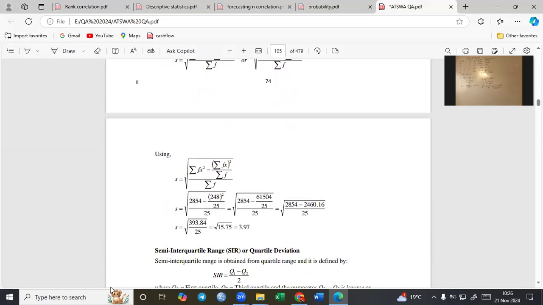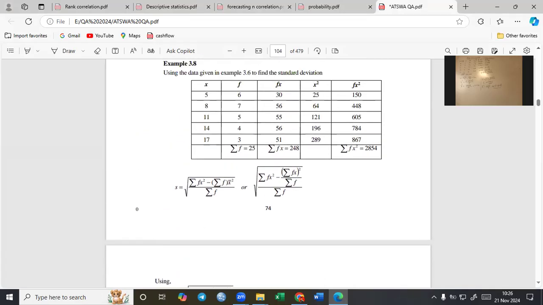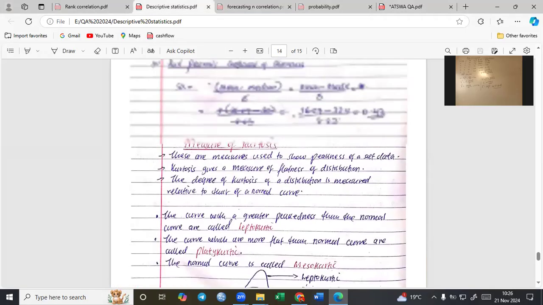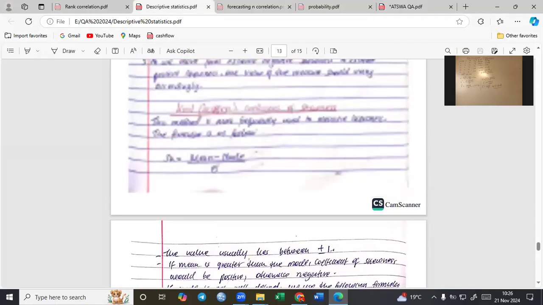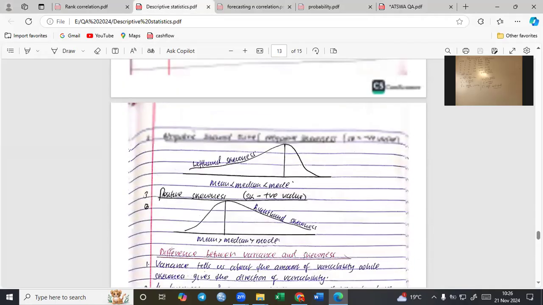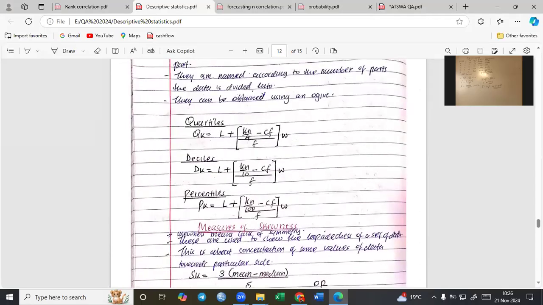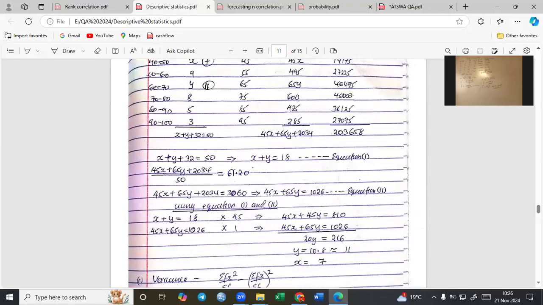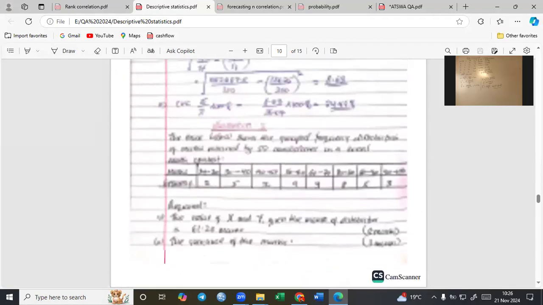The formulas are complicated. And in most cases in QA, let's go to this QA bit of ours. I want us to move here. Look at this QA. I want to go to standard deviation, and the one in which method you use to find standard deviation.